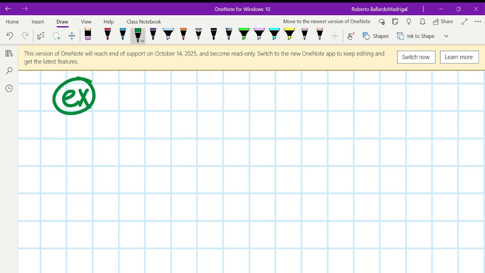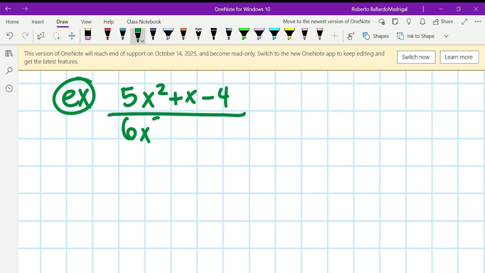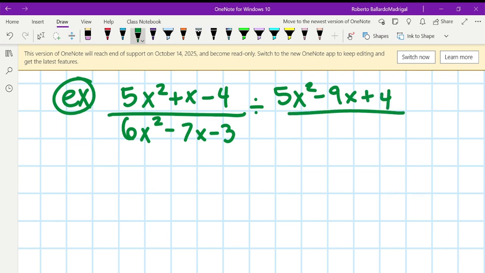We have, let me get this close to me because there's so many numbers to write down. 5x squared plus x minus 4 over 6x squared minus 7x minus 3 divided by 5x squared minus 9x plus 4 over 6x squared minus 7x minus 3. Cool.